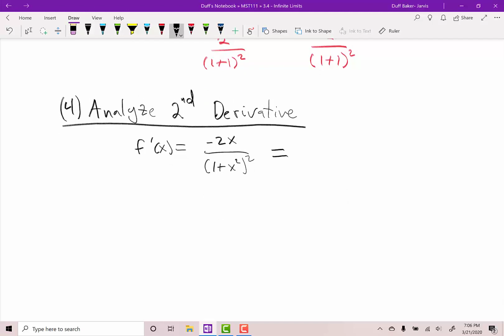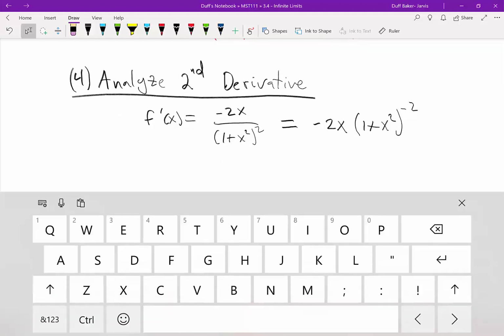And just to show you a different way, which I think actually makes it a little easier in this case, I'm going to think of this as minus 2x times (1 plus x squared) to the minus 2. So I'm going to rewrite it like that before I take the derivative, so now I can just use the product rule instead of the quotient rule.